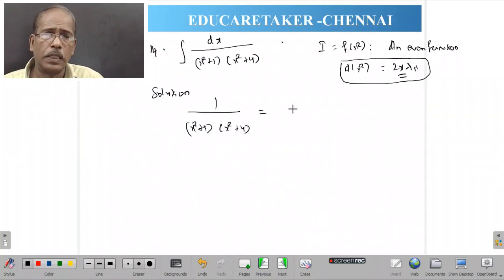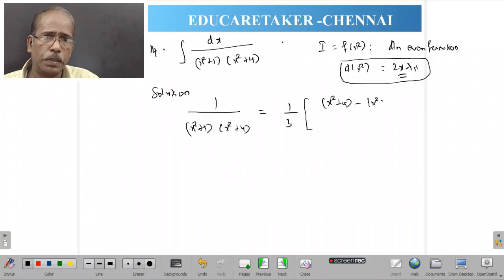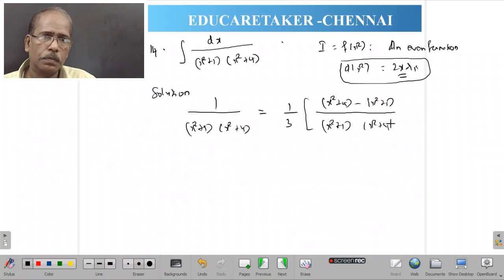What is the difference between x square plus 4 and x square plus 1? 4 minus 1, 3. We can take 3 as 1 by 3, multiply and divide by 3. 3 is nothing but the difference of these two factors. The numerator 3 can be written as x square plus 4 minus of x square plus 1. Is it not? The denominator is x square plus 1, x square plus 4.